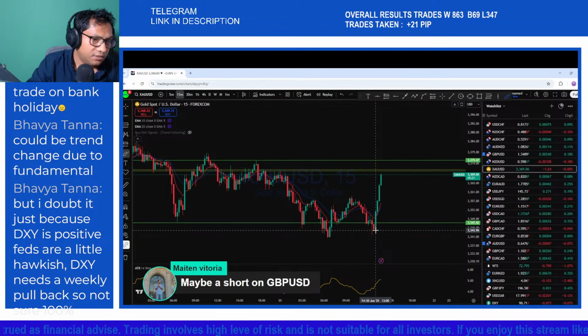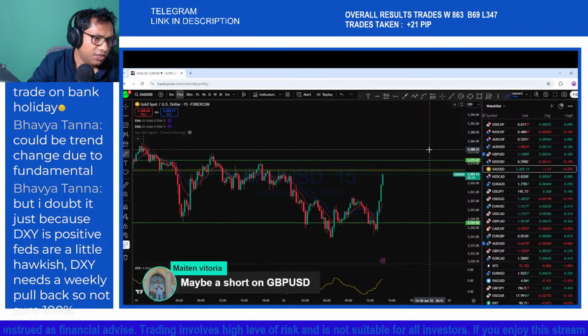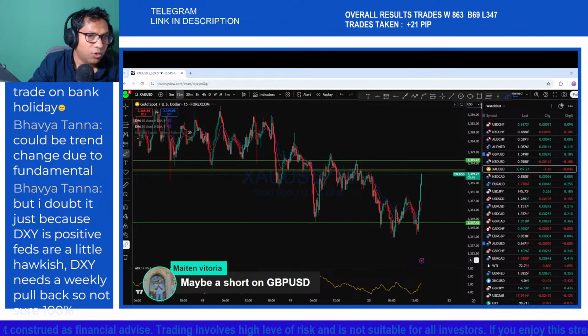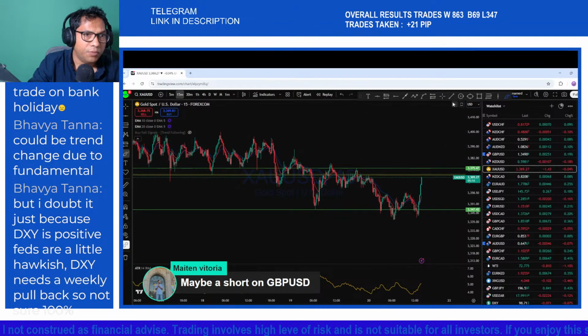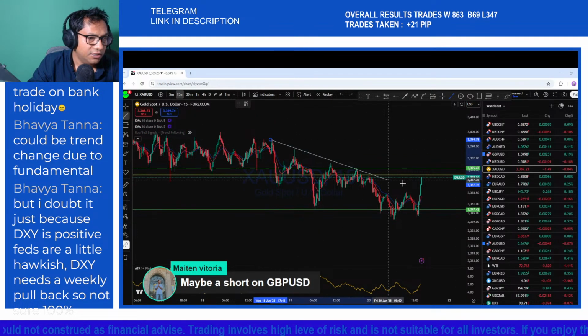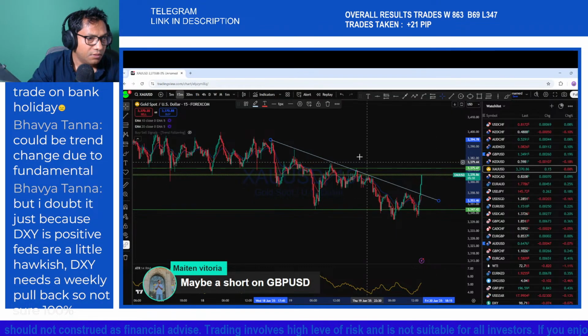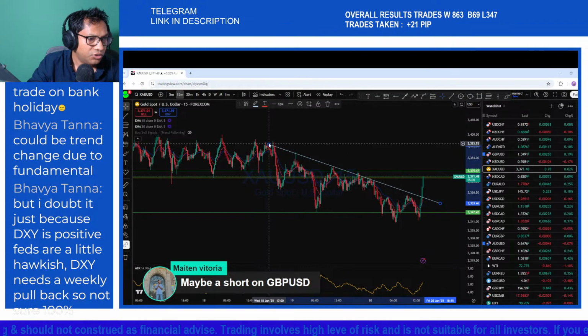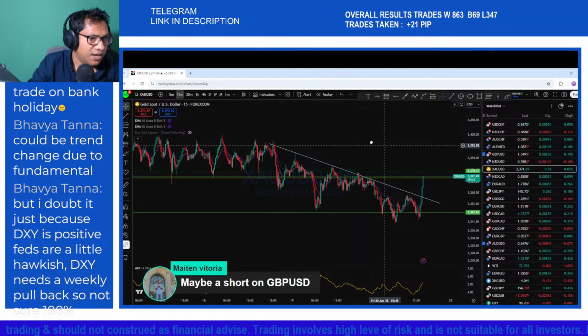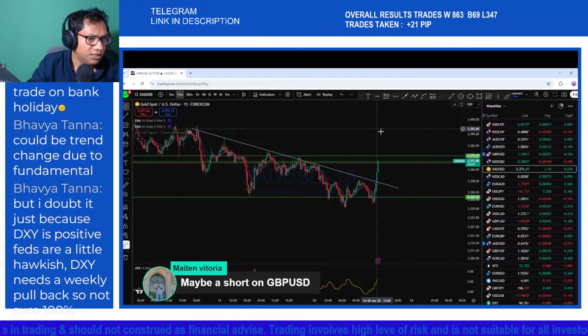Now with that move, we would like to see extension. Here is a series of lower highs. This is an important trend line in this area, and that trend line has been completely violated.